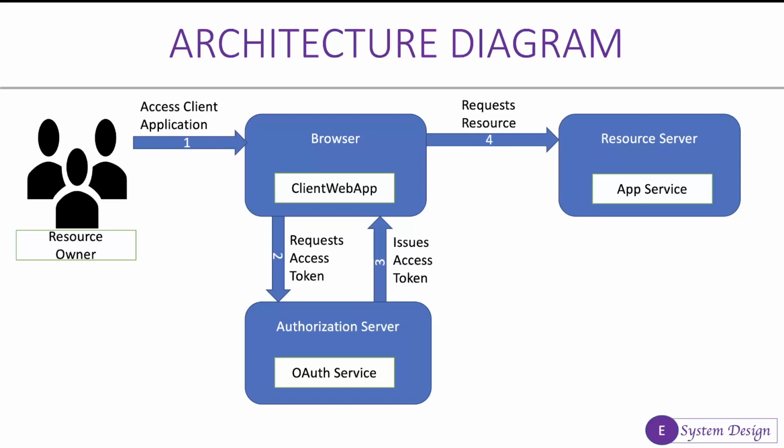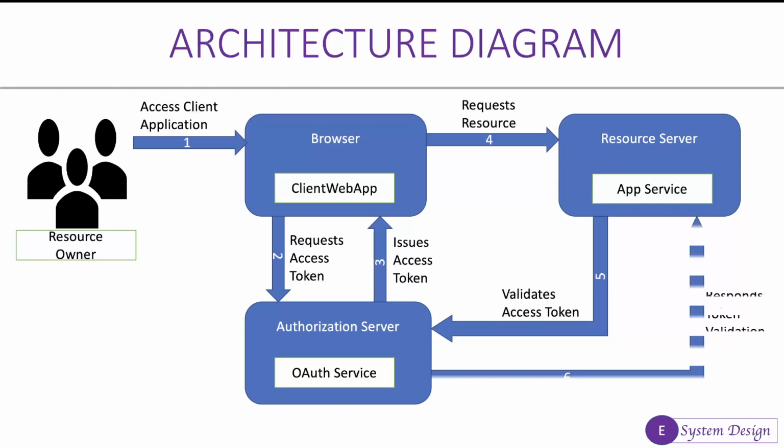The client application, using this token, which is a JWT, goes to the resource server to request the resources. The app service or resource server goes back to the authorization server to validate whether this is a valid token, and that it was generated by this authorization server where the user has given a grant.